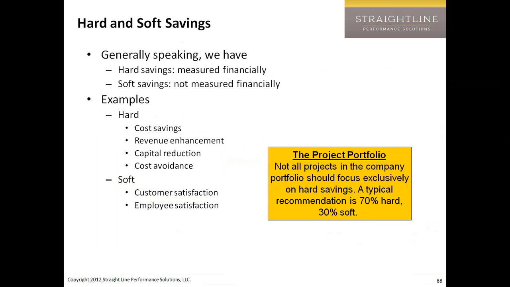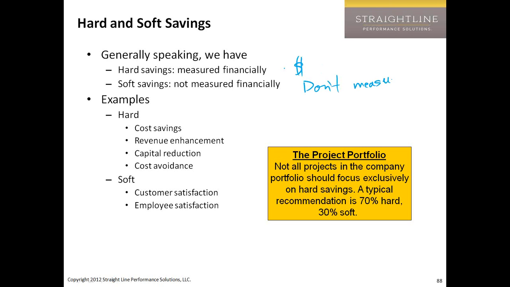I have my own opinion about what's hard and what's soft, but I want to give a very general definition of how people usually interpret it. Usually hard savings are things that we measure in dollars, and soft savings are things that we don't measure in dollars.